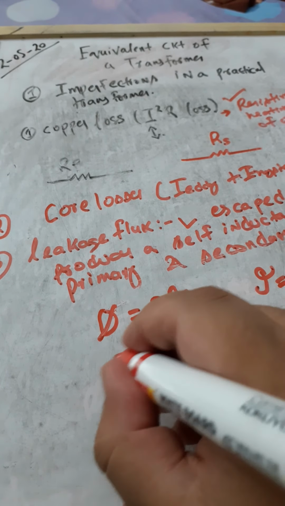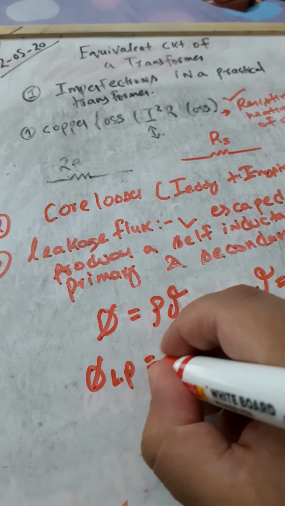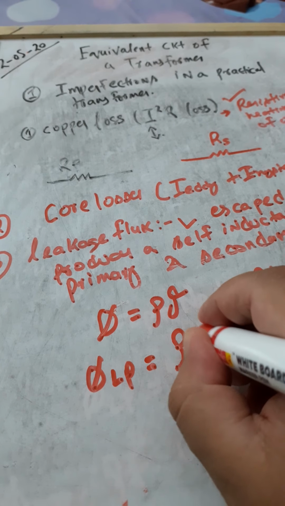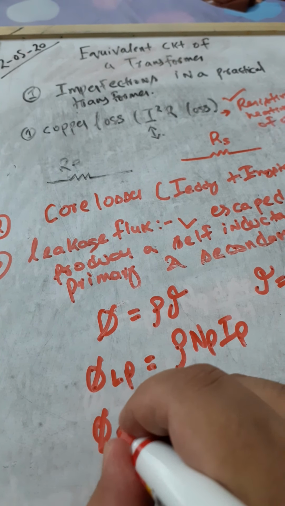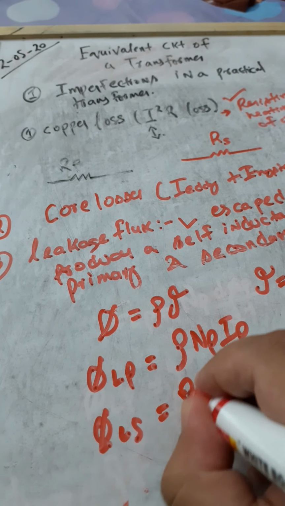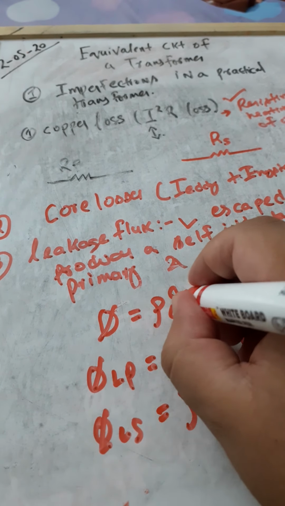So this is my permeance, so I can write my flux, this is my leakage flux, my permeance NP IP. Okay, similarly on the secondary side I can write permeance NS IS. So basically this is my flux.